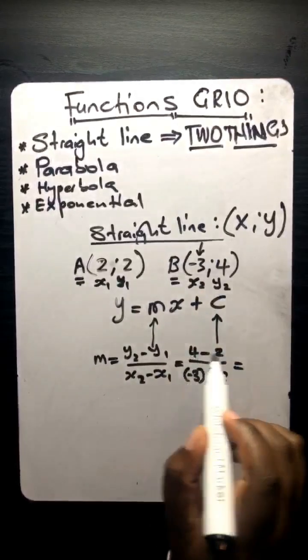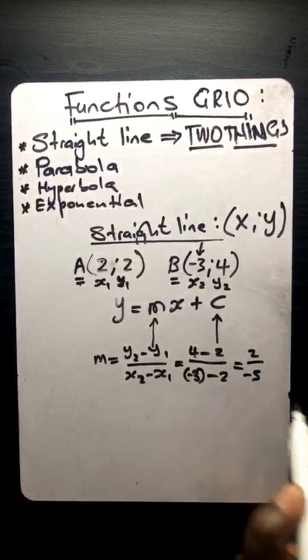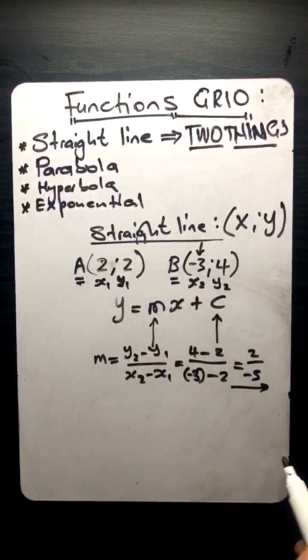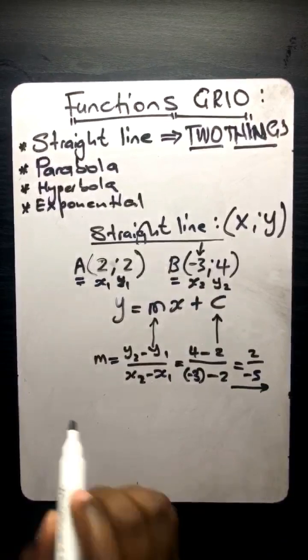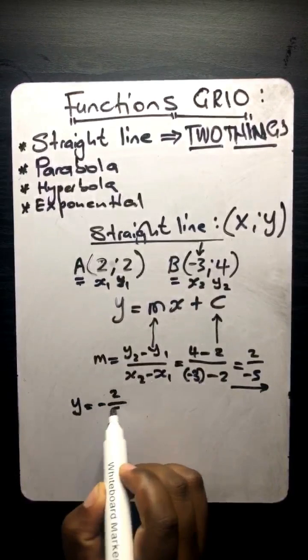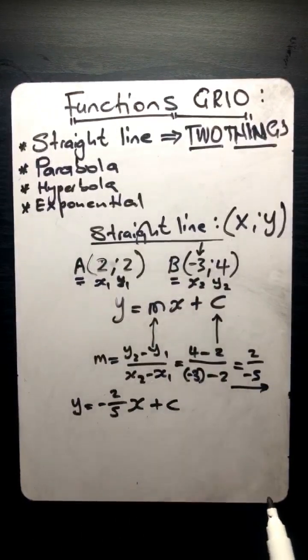So what is that minus that? I think that is 2, over. What is that? That gives you a negative 5. So that means your gradient for that function is negative 2 over 5. So you have calculated your gradient being negative 2 over 5.